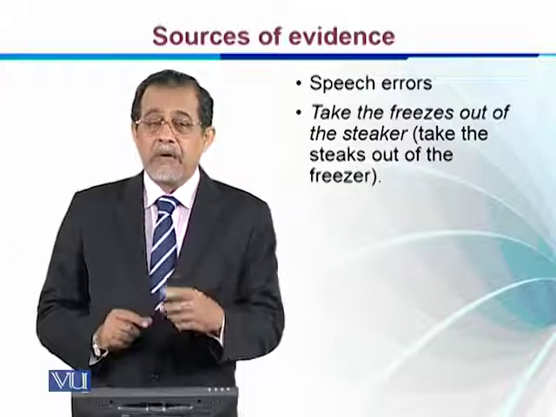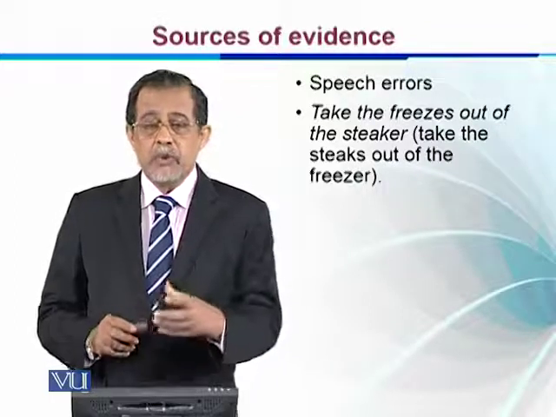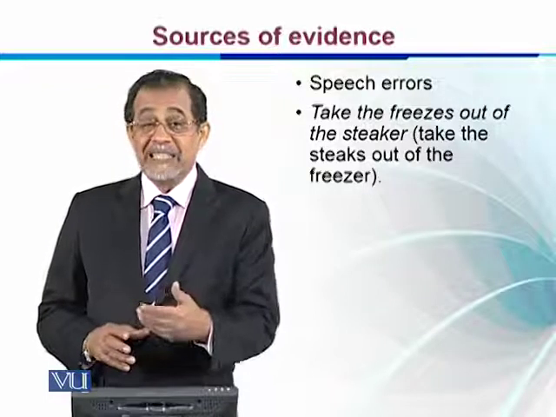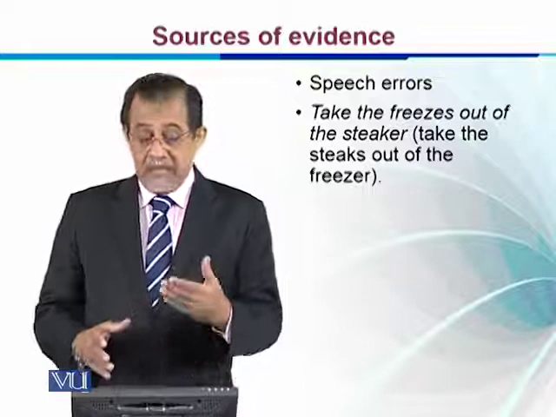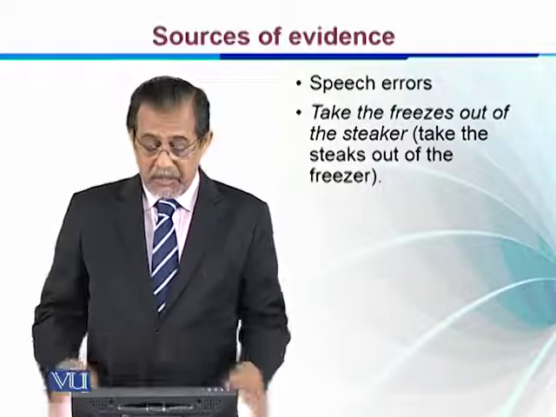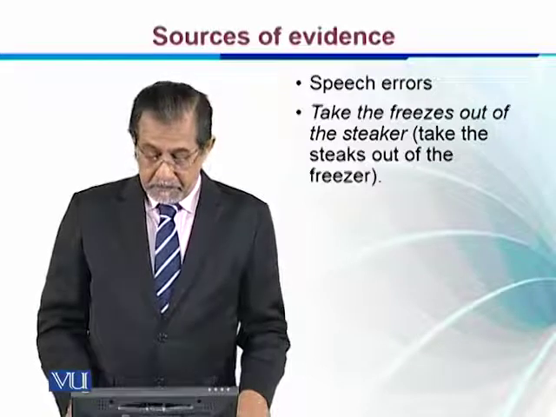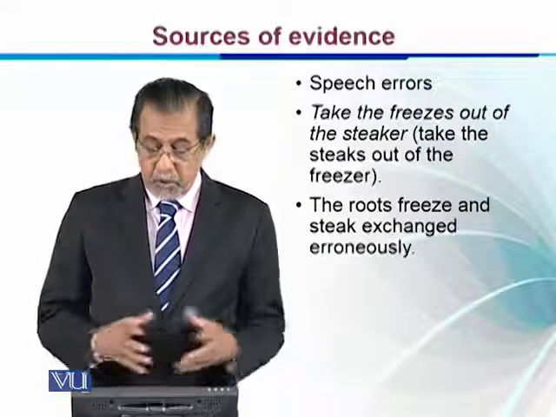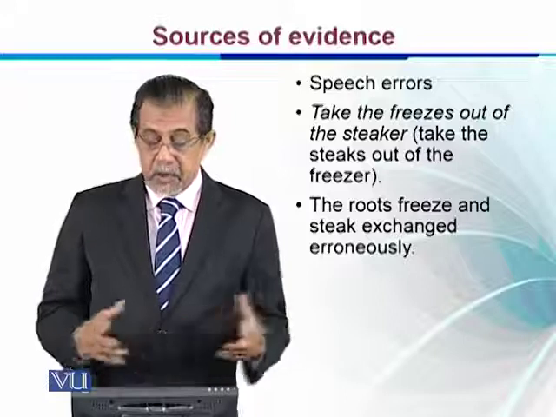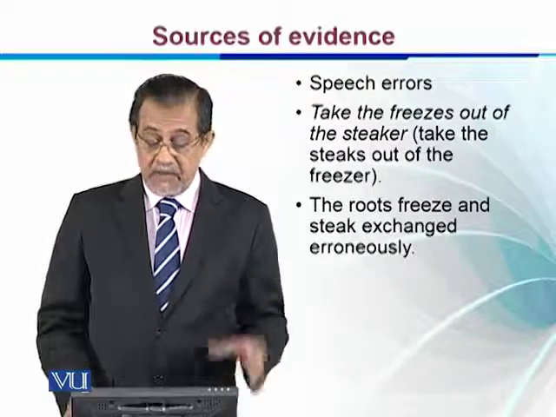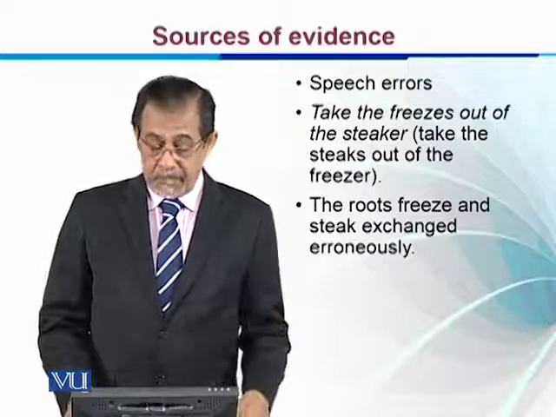The allomorphs used here are correct. With freeze, z is used, and with steak, s is used, right? The roots freeze and steak exchange erroneously, but the plural is correctly pronounced.